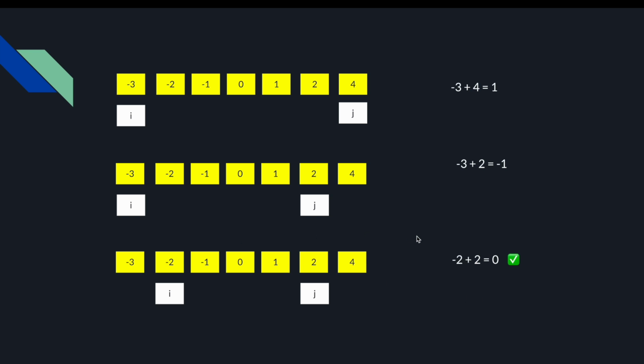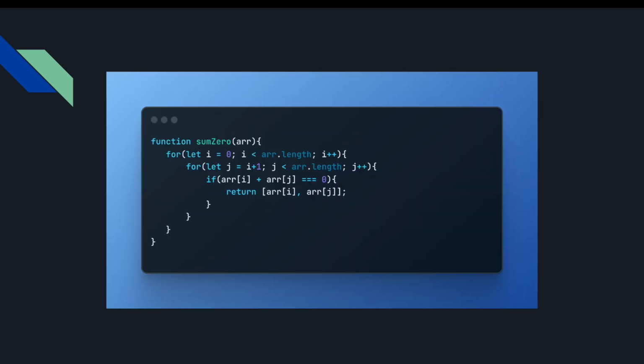As you can see, this pattern helped us find our desired output in very few operations, right? If I show you how a naive person will try to solve this problem, it will be something like this. The naive person will iterate over the array and then try to compare each value one by one.